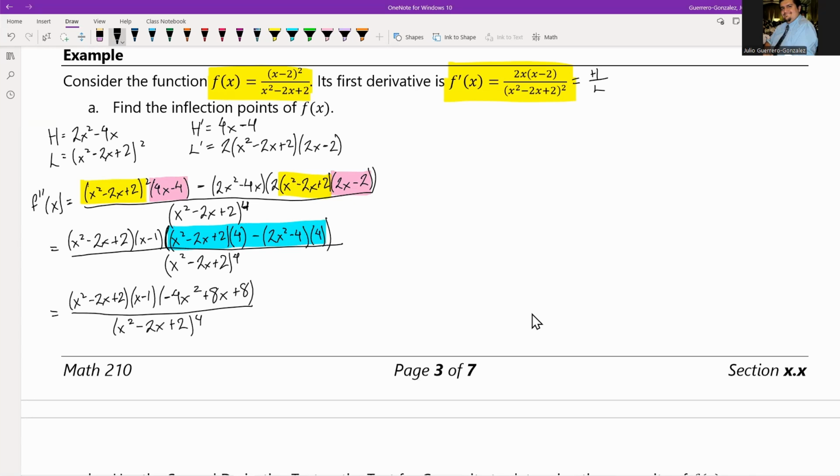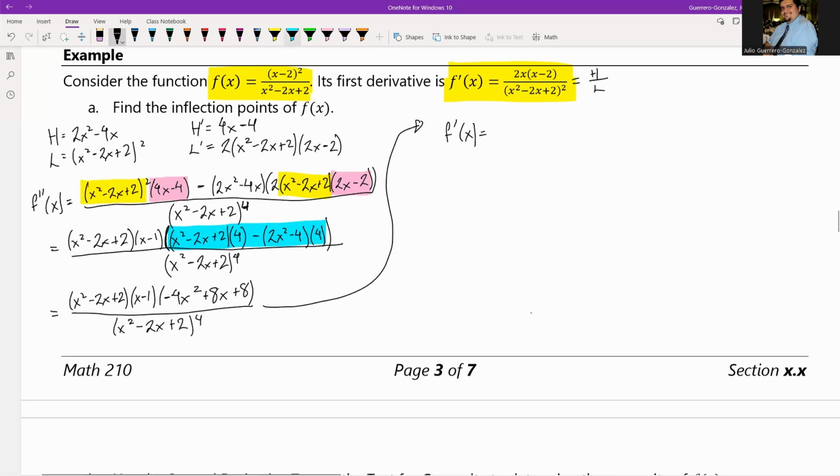Okay, and I'm going to go ahead and finish this up. I get f prime is equal to, here we go.